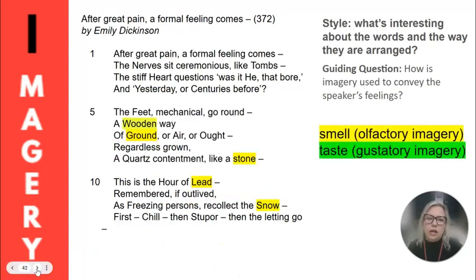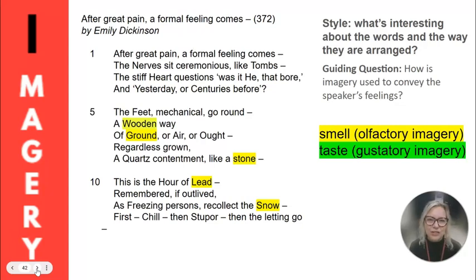For smell and taste, I don't know. We don't have great examples, but just to show you that our senses are evoked, our smell and taste senses are evoked with certain words that we wouldn't normally want to smell or taste. Think about wooden, ground, and what kind of senses you can actually smell and taste, right?